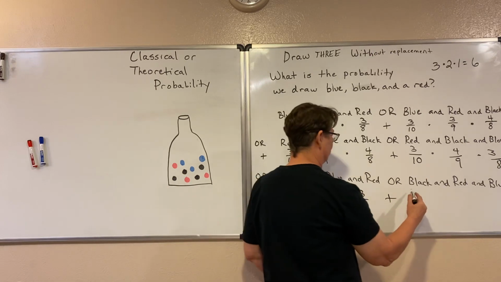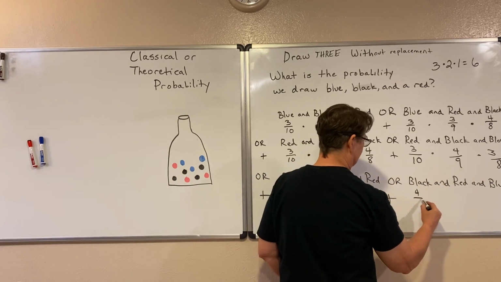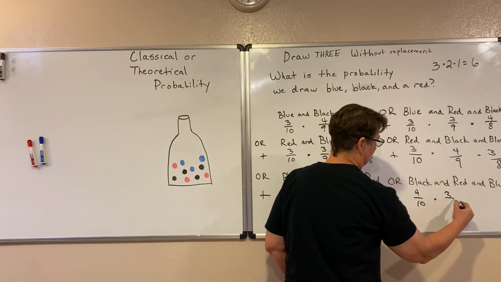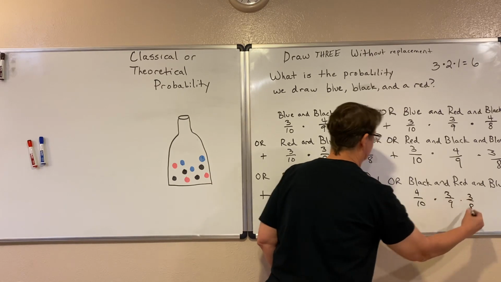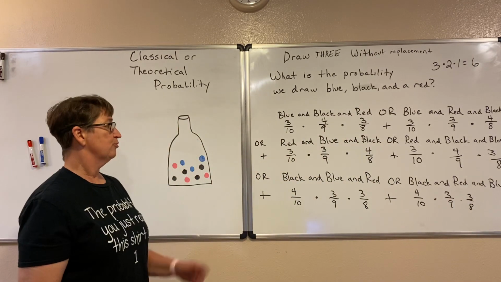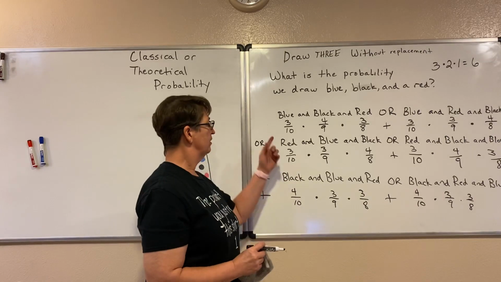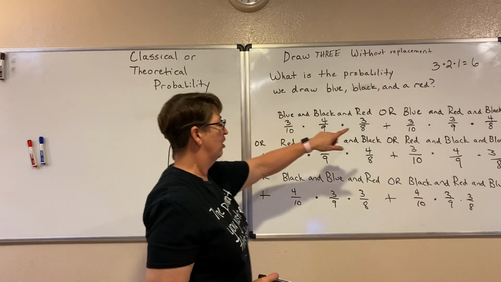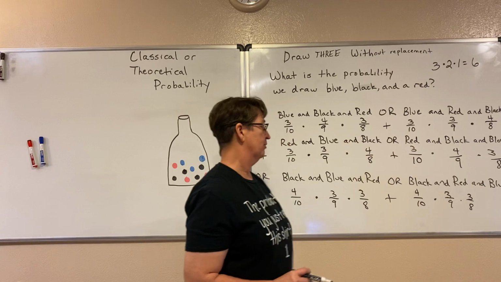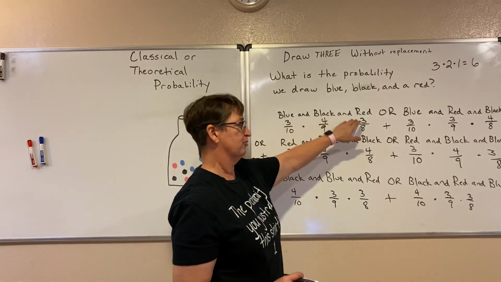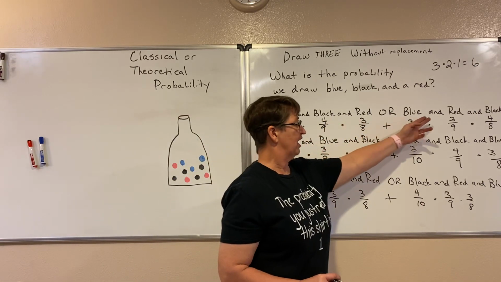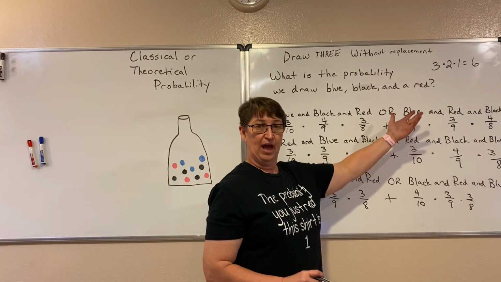Now it's just a matter of doing the arithmetic. 4 out of 10, 3 out of 9, and 3 out of 8. So do a little, oh, notice something. Notice how on top, for all 6 choices, I have the same numbers. I have 3 times 4 times 3. This is the same thing, it's just in a different order.